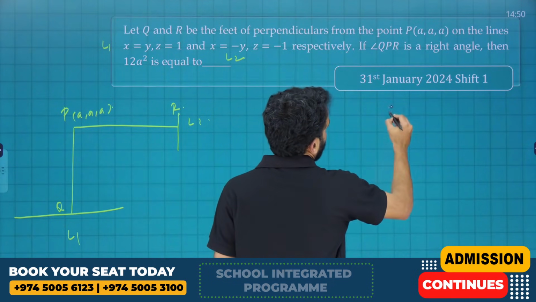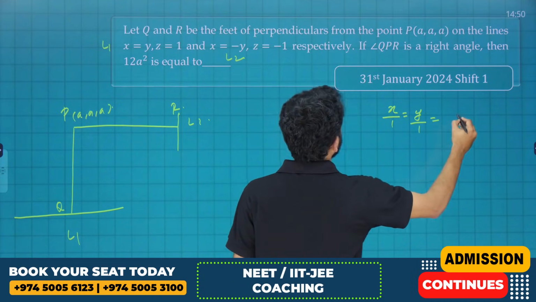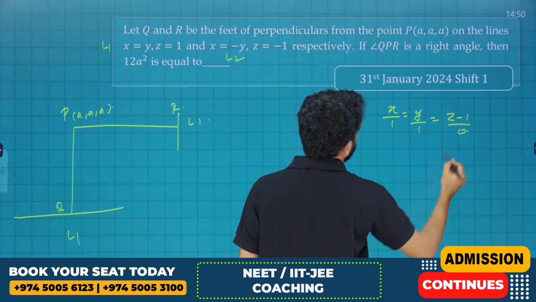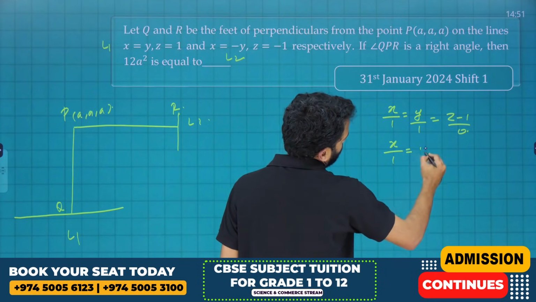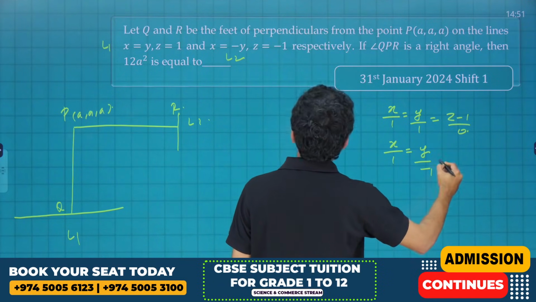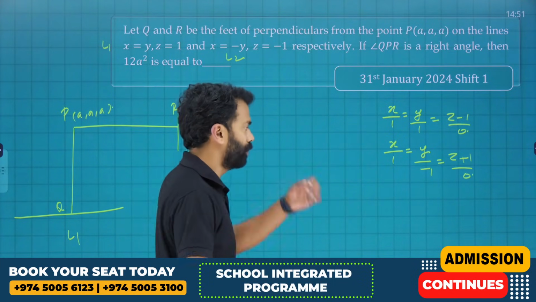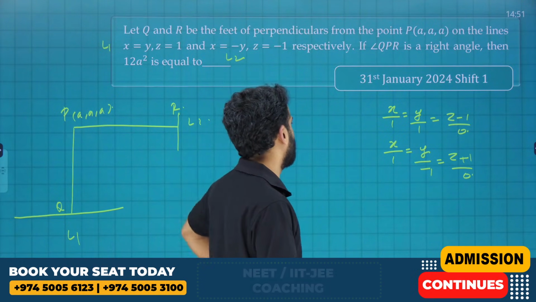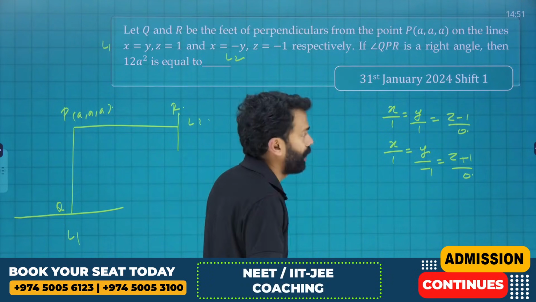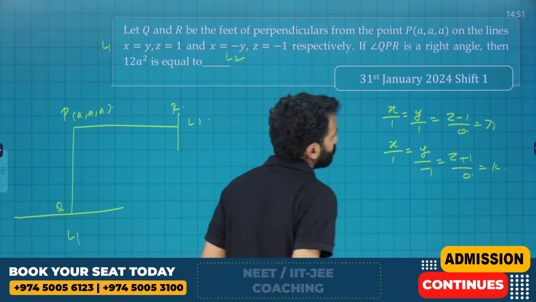L1 is x by 1 equals y by 1 equals z minus 1 by 0, and L2 is x by 1 equals y by minus 1 equals z plus 1 by 0. You got the two lines now. Assign the parameters: the first is equal to lambda, the second is equal to k.